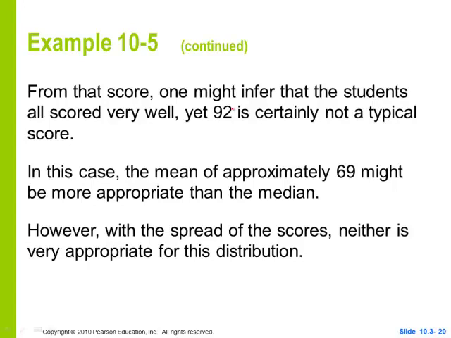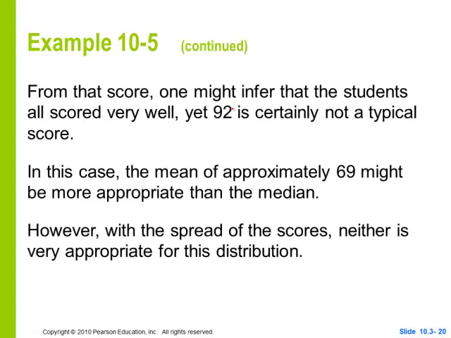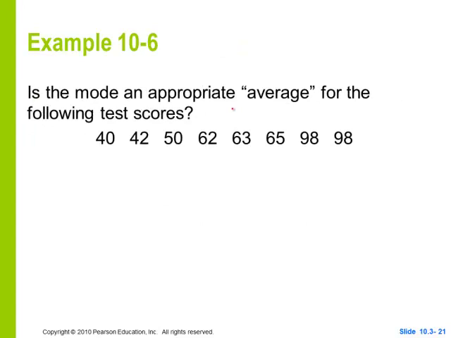If I want to talk about spread, I wouldn't use either of those. I have to choose something else. The mode of this data set, that's what it says at the end there. Here's another data set. And now they talk about the mode. But once again, this is a bad measurement. Yeah, 98 is the mode. It's the one that shows up most often.